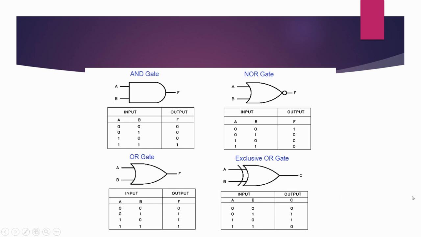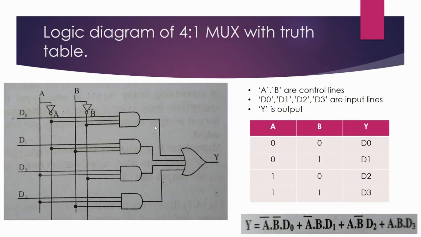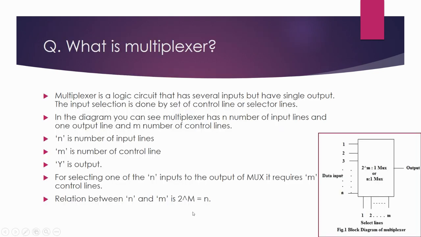Now let's see the 2 to 1 multiplexer and 4 to 1 multiplexer block diagrams. The block diagram is simple, you just have to create a box. It's 2 to 1, so two inputs will be there. One select line will be there, as I have explained by the formula 2 to the power m is equal to n, as you can see in this slide.